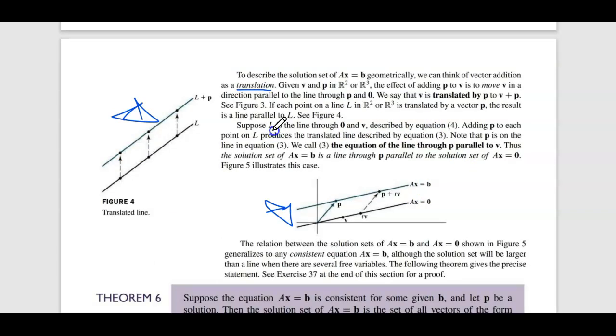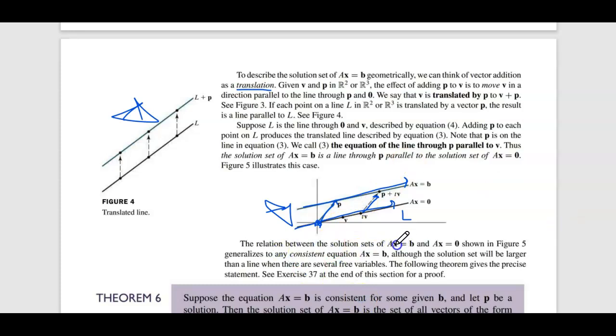Suppose L is a line through 0 and V. So this is line L. Then we're adding P to each point on L on our graph. Notice that makes a parallel line to that original one.